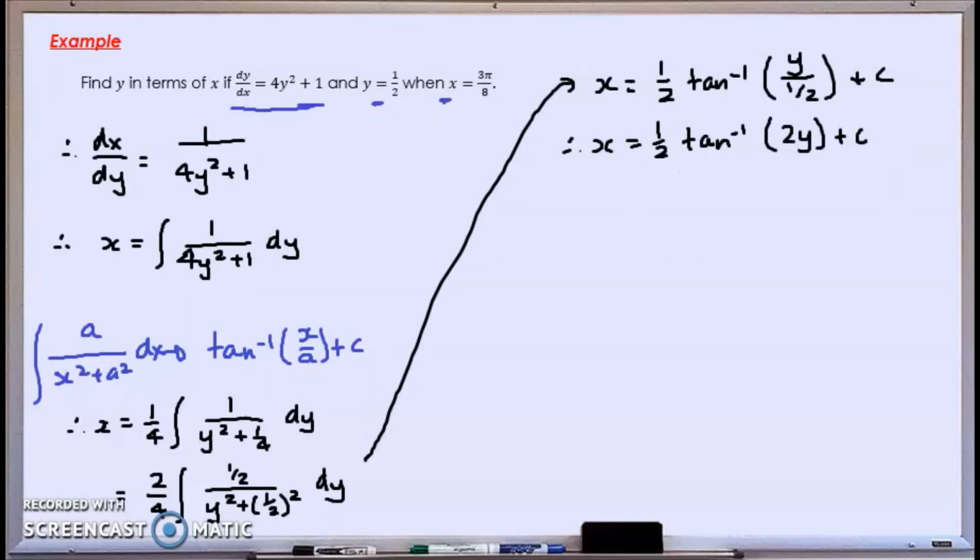If I want to, I can actually forget about my c right now and add it once I've expressed y in terms of x. What I'll do first of all, though, is start moving things around. So let's keep the c there. x minus c equals a half tan negative 1 of 2y. And then I'm going to multiply both sides by 2.